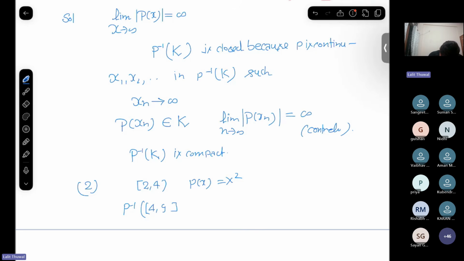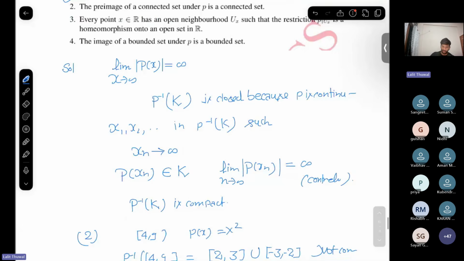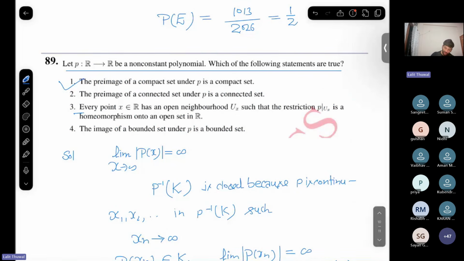What is its preimage? [2, 3] union [-3, -2], right? This is the preimage of this. Yes or no? Which is not connected. Not connected.